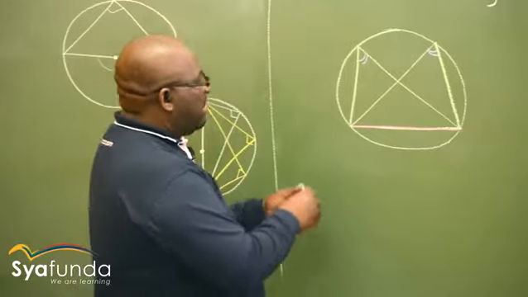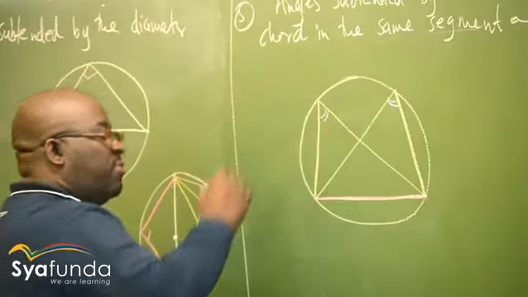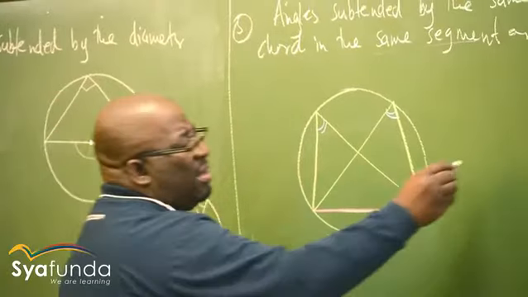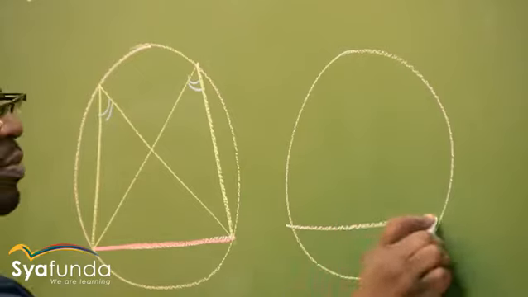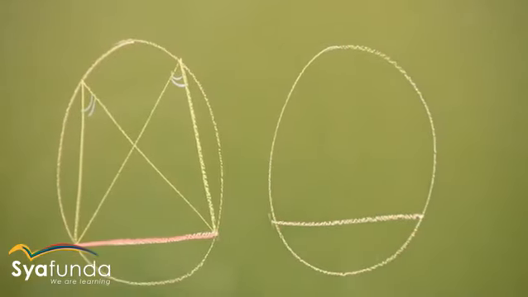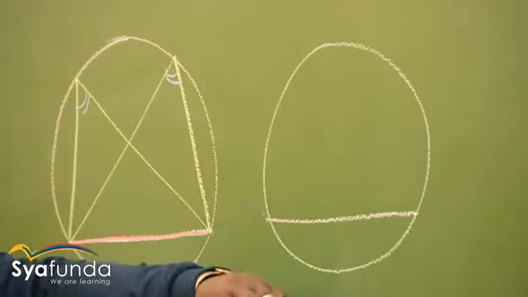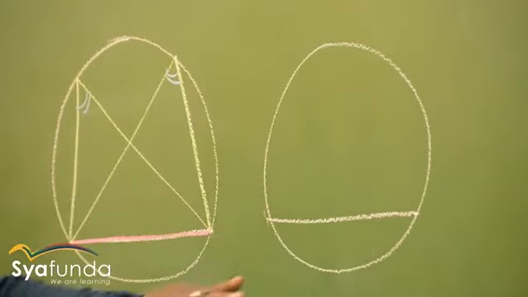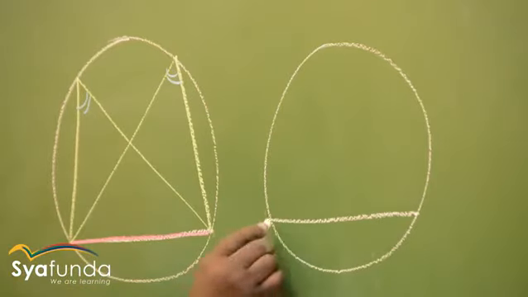What do we mean by the same segment? In other words, both of these angles must be in the same segment. Look here. If we've got a circle like this one, and we've got a chord, what is this chord doing? It divides the circle into 2 segments: the bigger segment and the smaller segment, the major segment and the minor segment. Now, this theorem is saying both angles, this chord subtends this angle.